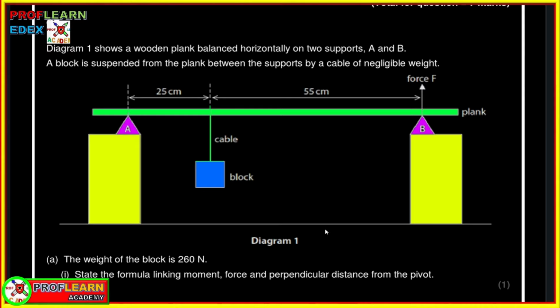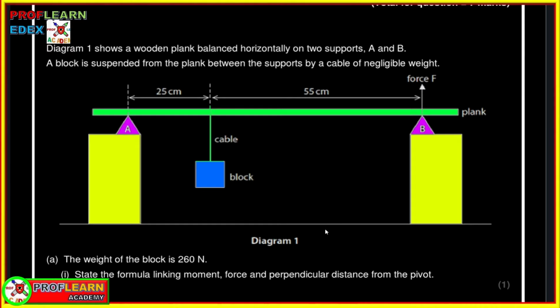You also need to understand the factors that can affect a moment of force. Remember, moment is calculated as force times perpendicular distance. So if the distance or the force is varied, it is going to affect the moment of force. And remember, the moment of a force is the turning effect of a force.